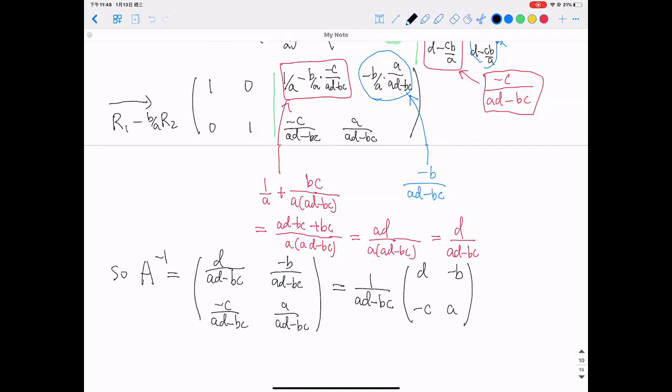So we arrive at this expression for A inverse. There's something to notice here: this expression makes sense already when AD minus BC is not 0.